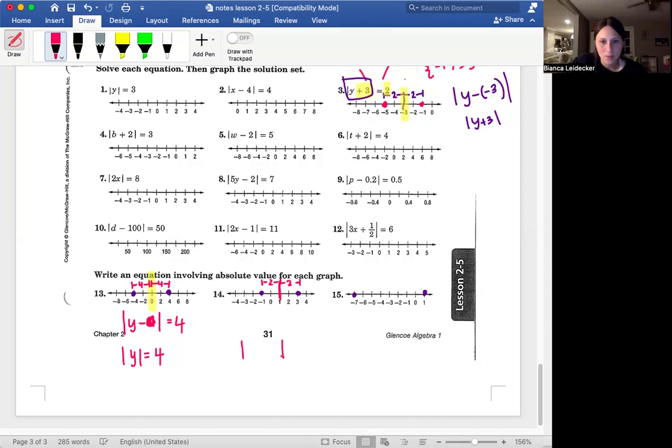The absolute value of something is going to equal 2 because the distance is 2. Then my median is 1. So I have x minus 1 as a potential set.